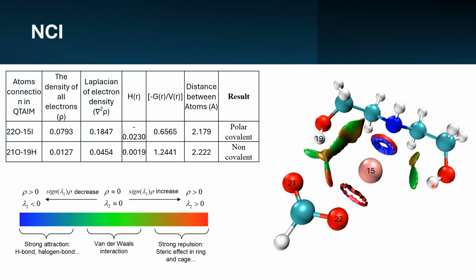And then it also shows you another interaction here, which was not shown by the QTAIM. So if you include iodine as a second fragment while analyzing QTAIM, then of course you will also find this BCP as well. So this way you can say that the NCI plot actually supports your claims of the QTAIM.